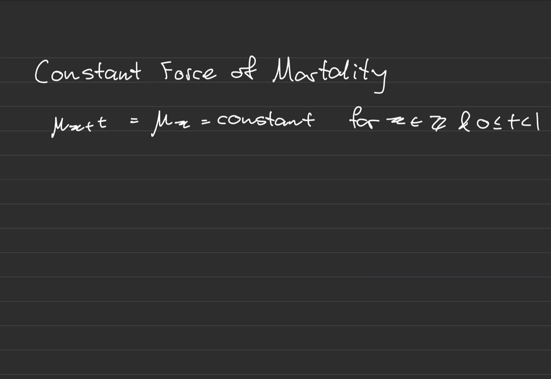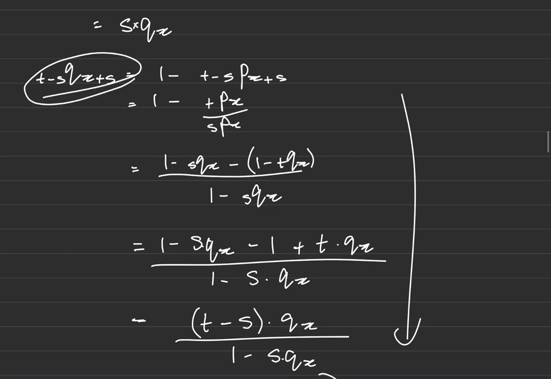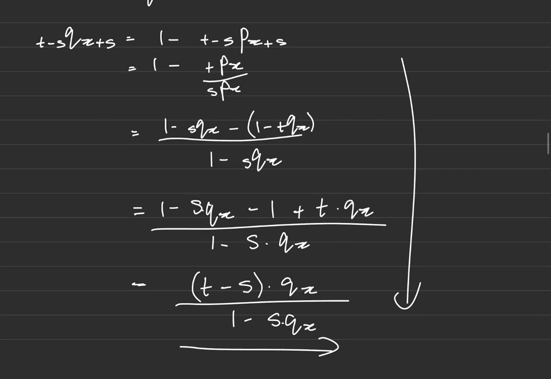Okay, so now t minus s p x plus s, if I want to calculate this similarly to how I calculated this. Now in this case I've calculated the death probability, but it doesn't really matter, I can just do 1 minus and get the other one.